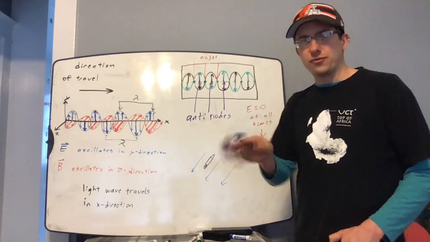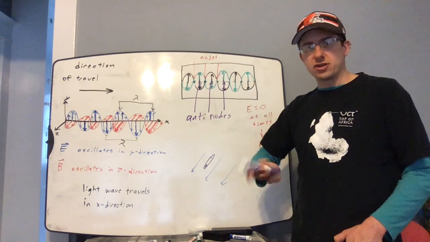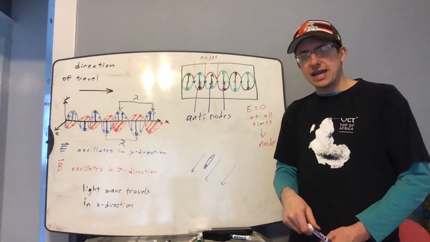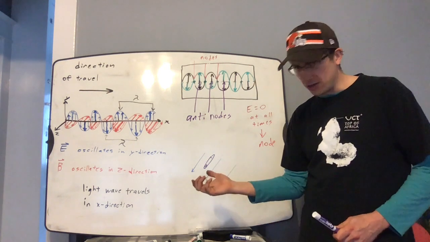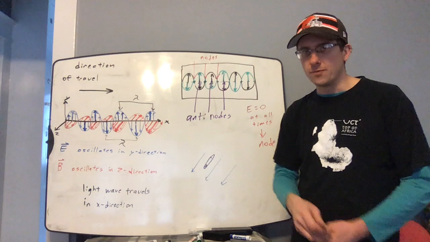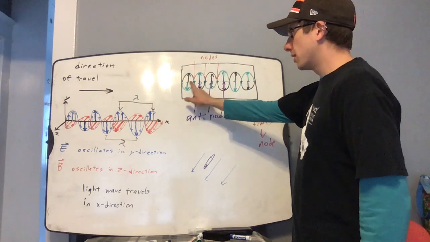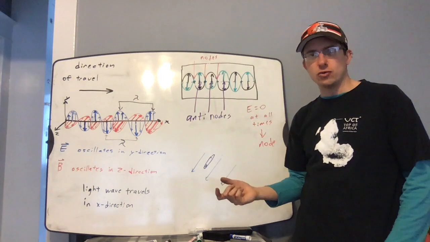Now, when the water is flipping up and down continuously back and forth, that's going to create a lot of friction, and that friction then becomes the thermal energy that heats your food. So food is only going to be heated at an antinode. Food will not be heated at a node.